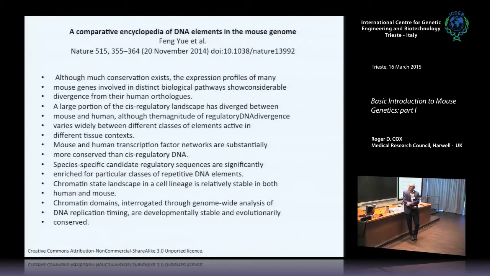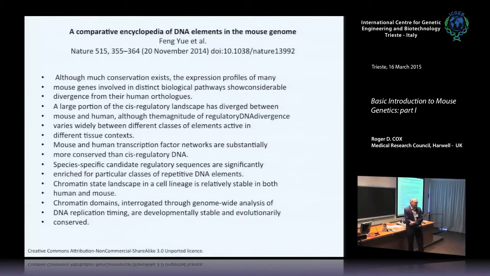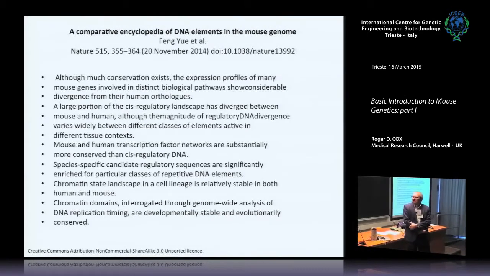So there's a lot of conservation between mouse and human, but there are differences in the expression profiles of many genes involved in various biological pathways. But there's been 90 million years of separate evolution. There's quite a bit of divergence of the regulatory landscape around genes.